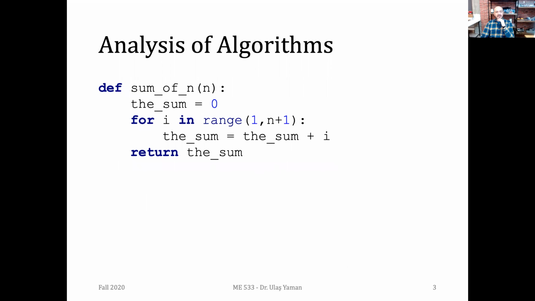So let's have a look at this example. What it is doing is summing the numbers up to n. The name of the function is sum of n, as you see. Initially, the variable sum is equal to 0. But once we have a for loop here, it starts summing the numbers starting from 1.